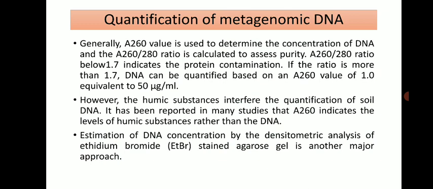So these are absorbance based methods, that is, spectroscopic analysis is important as far as quantification of metagenomic DNA is concerned. Generally absorbance is measured at two readings: first absorbance at 260 nanometer, and second absorbance of the same sample at 280 nanometer, and the ratio of these two values is calculated.